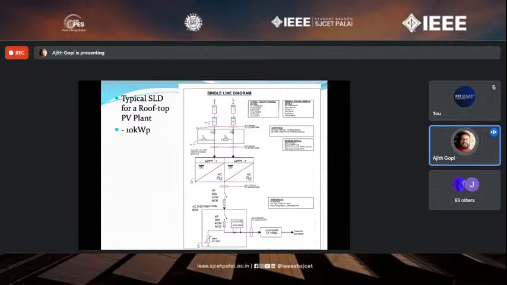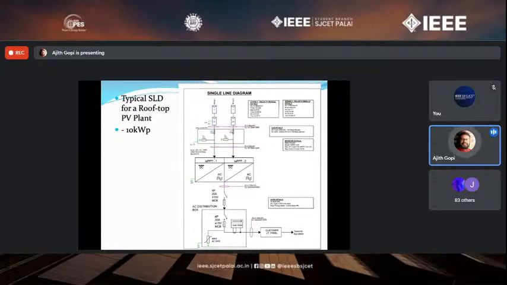You multiply with 1.5, and this extra precaution you are taking because extra current can come because of reflections or temperature issues and all.